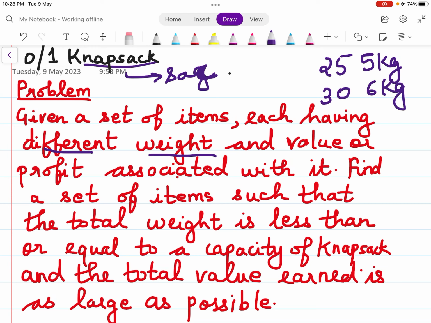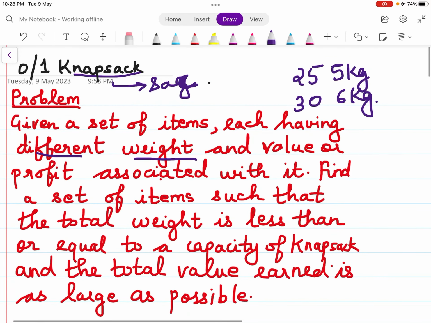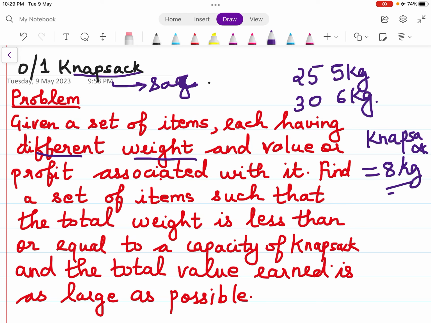There are weights and values given. Find a set of items such that the total weight is less than or equal to the capacity of the knapsack. So for example, if I say that the knapsack capacity is nothing but 8 kgs.